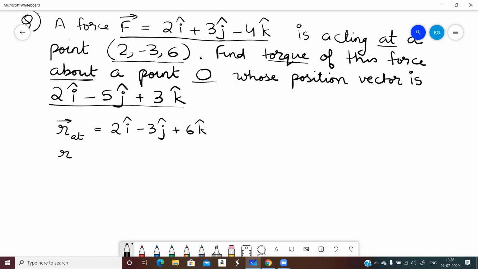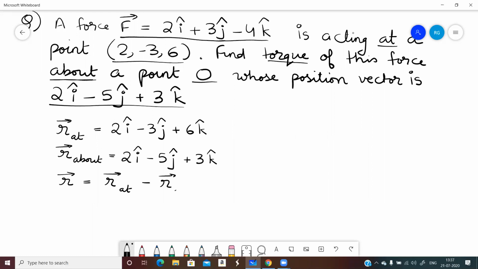So r about is 2i cap minus 5j cap plus 3k cap. To find the value of r to put in r cross F, this r is r at minus r about.